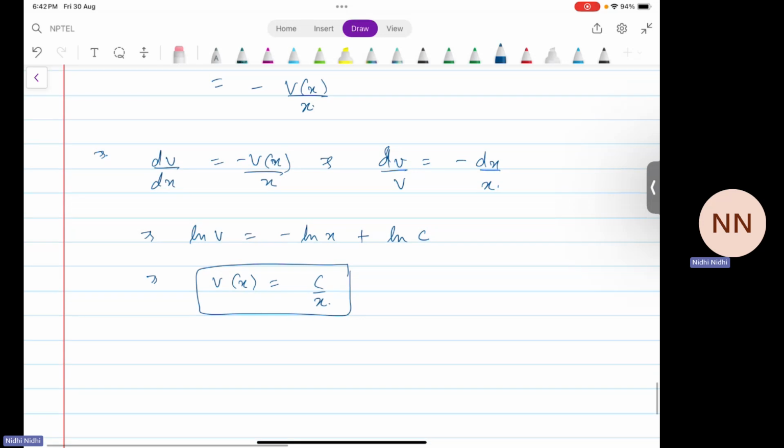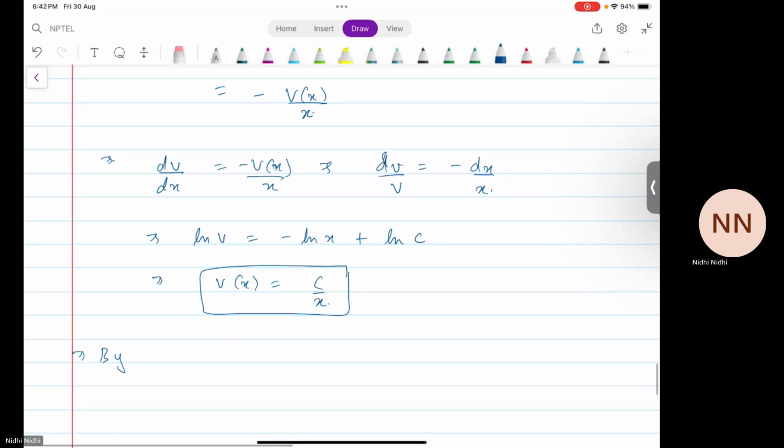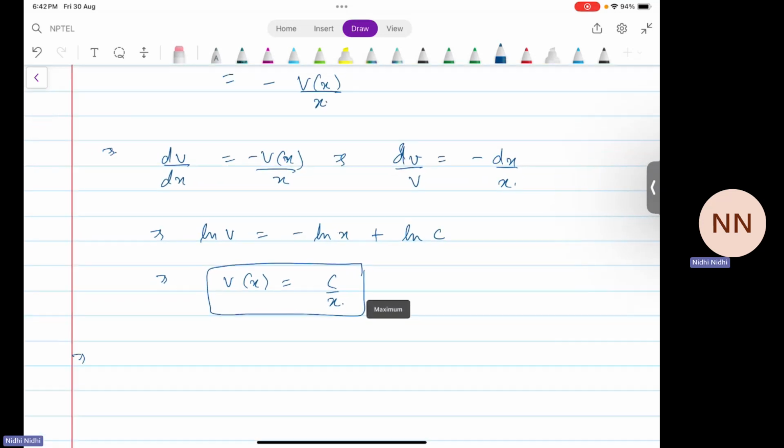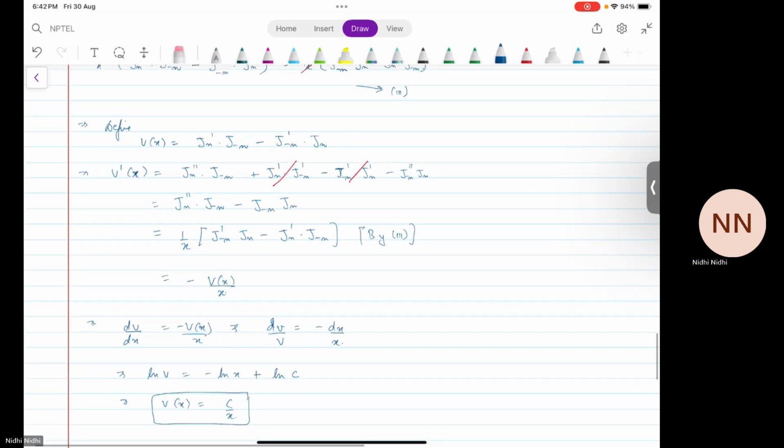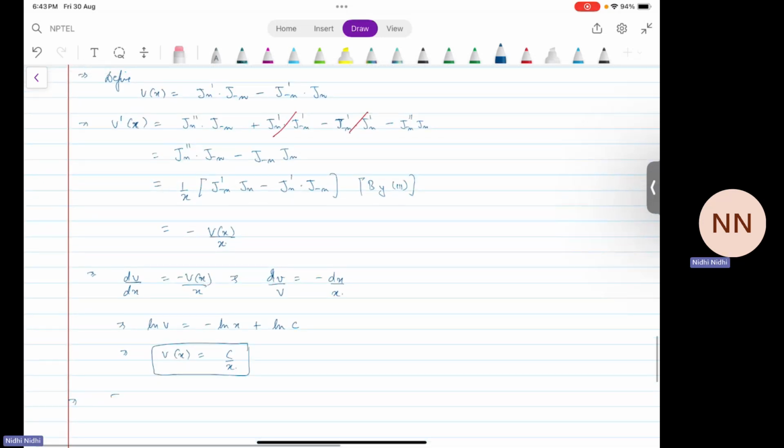Now again, by the definition of v(x), what was v(x)? v(x) was J_n' J_{-n} minus J_{-n}' J_n is equal to c/x.